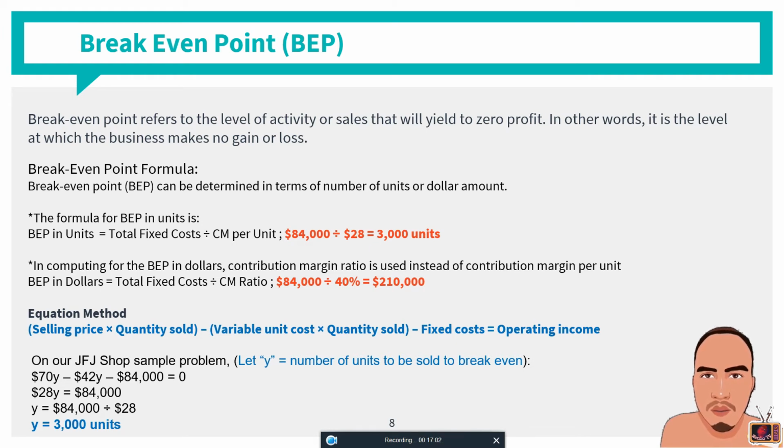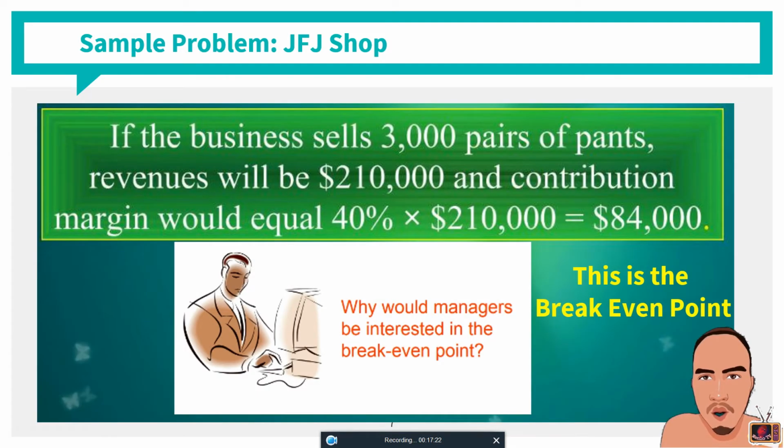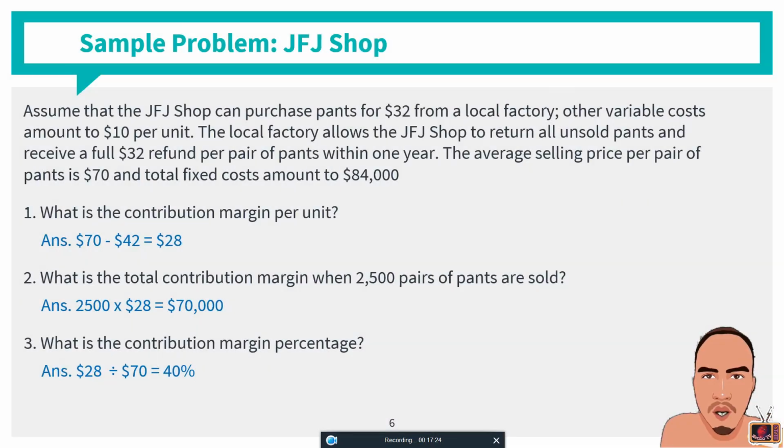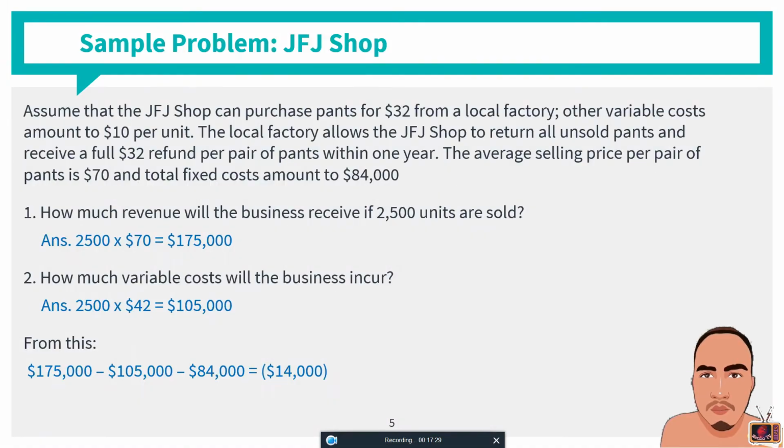So we are going to compute how many pairs we need to reach the break-even point. So we have $70Y minus $42Y. This $70 is the average selling price per pair of pants.